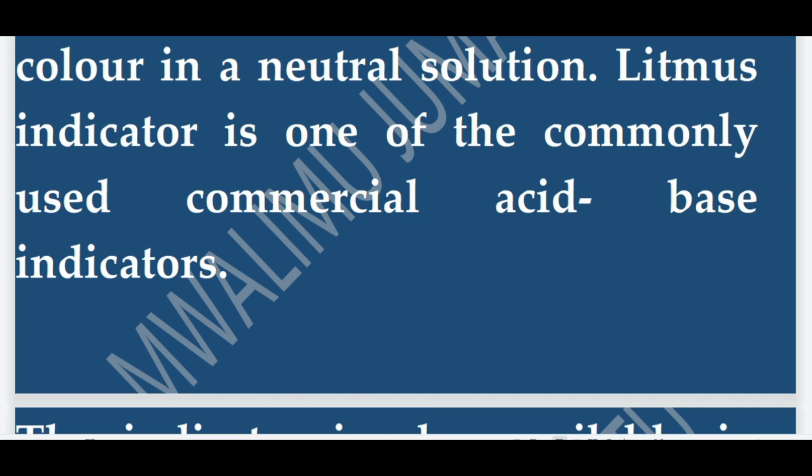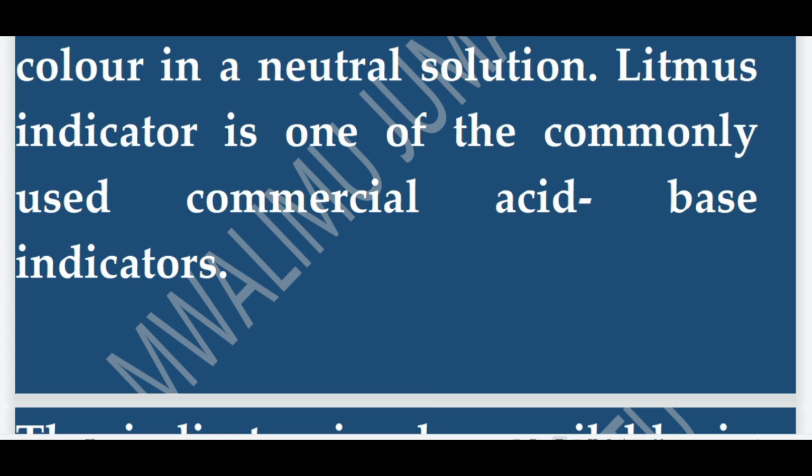We not only have the litmus solution indicator, but we also have the litmus paper. There are 2: the one that is red and the one that is blue. The red one, when placed in a solution that is a base, will turn blue, and the blue one, when placed in an acidic solution, will turn red.